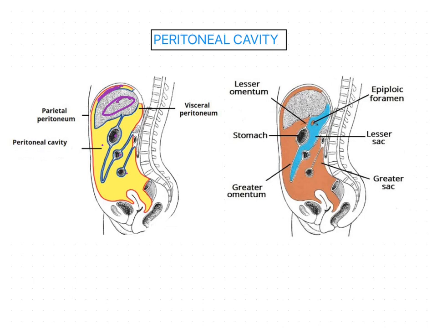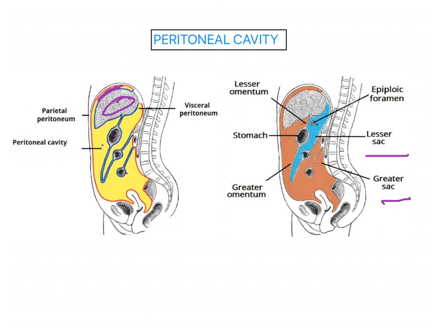This peritoneal cavity is broadly divided into two parts: the lesser sac and the greater sac. The entire peritoneal cavity is divided into the lesser sac and the greater sac.